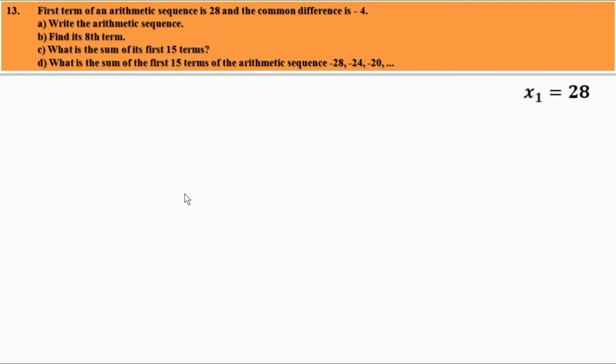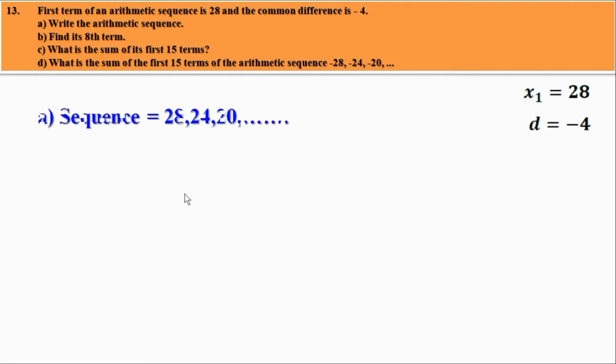Here the first term is 28 and common difference is -4. Therefore the sequence is 28, 24, 20, etc. Now we have to find the 8th term. We know 8th term equal to first term plus 7 times common difference.